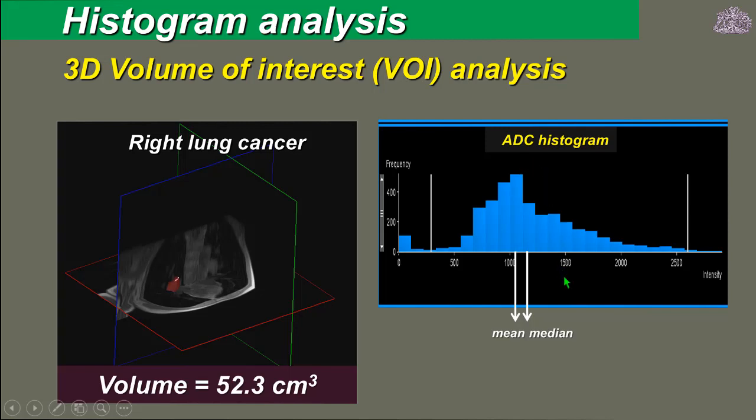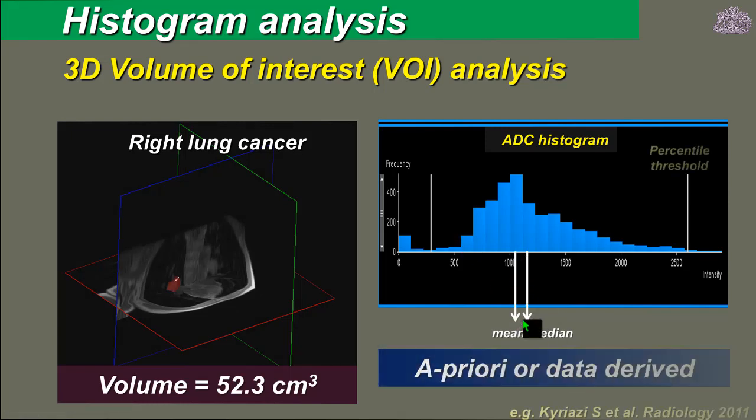And we can then describe a number of statistical parameters that relate to that histogram distribution. We can certainly look at the mean and the median. We can also look at a certain threshold value, and this can be arbitrary or based on literature, where we want to know what percent of the entire histogram falls within, above, or below that threshold.